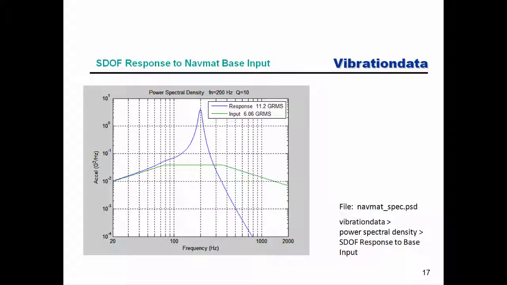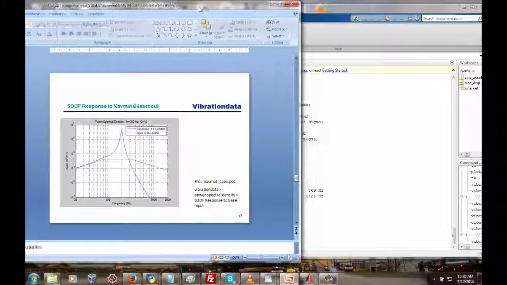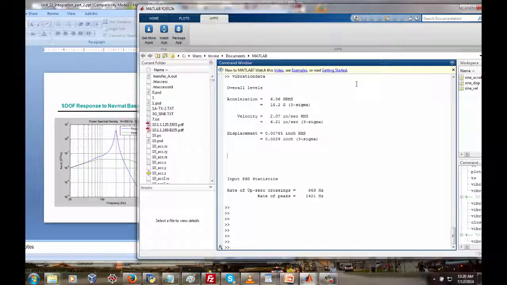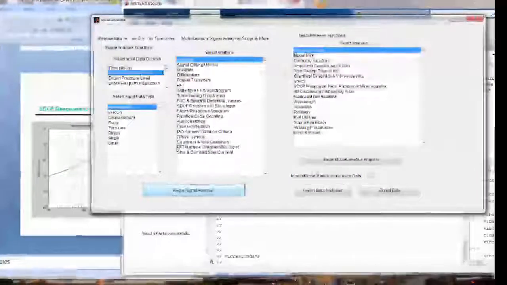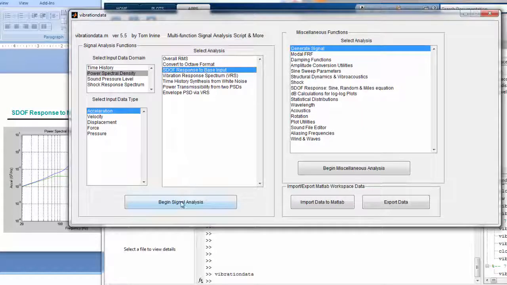Okay, let's do something a little more fun, and let's take a look at a single degree of freedom response to the NavMat base input. This is going to be in part just something we've done before, but we're going to add a few things to it. So let's go to a PSD input, single degree of freedom response to that base input.